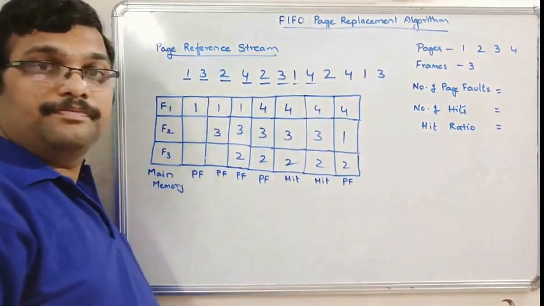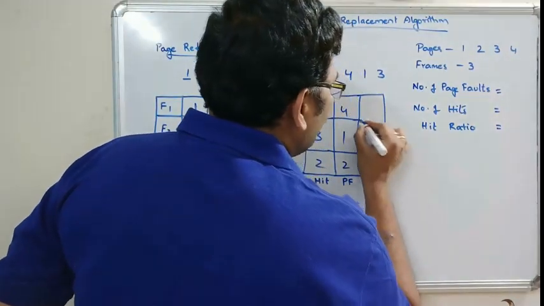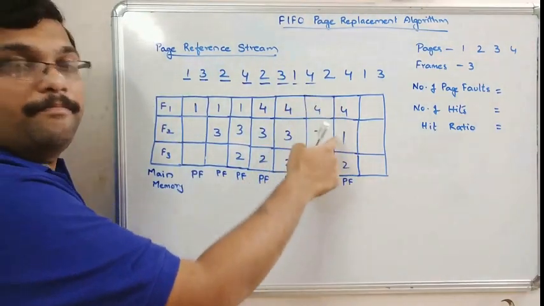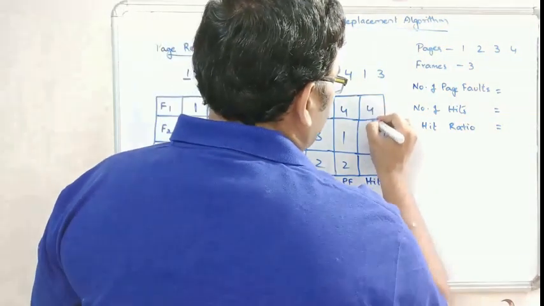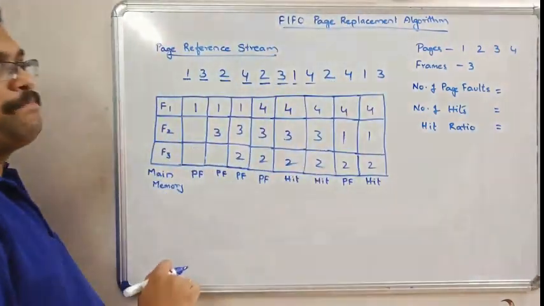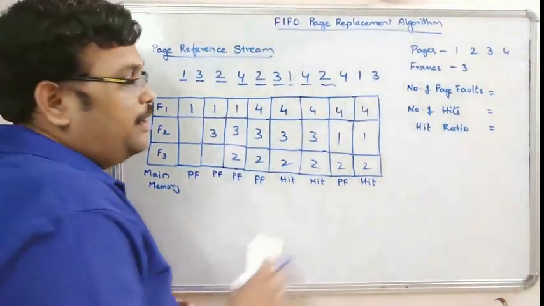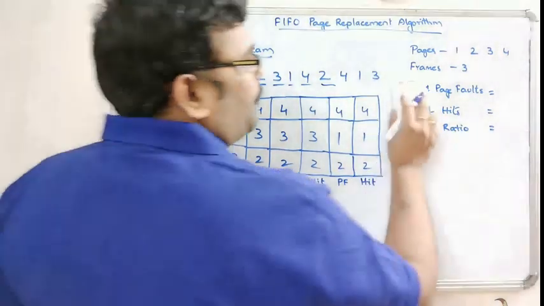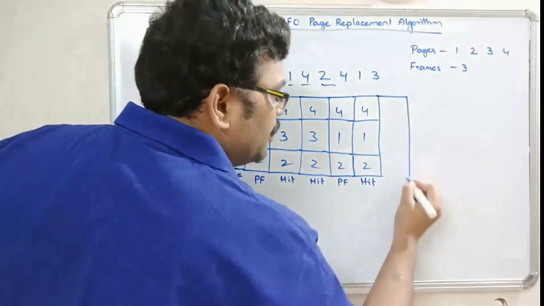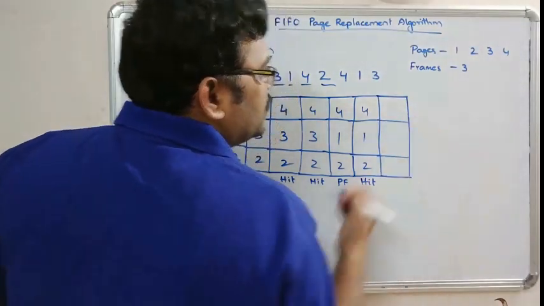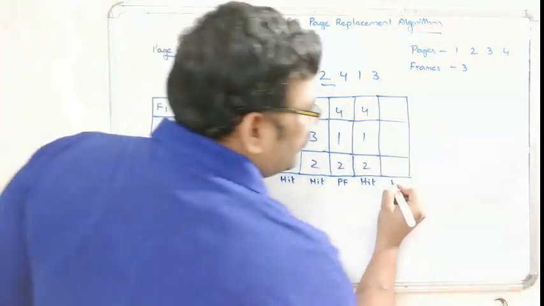Next 4. Again the same process. 4 is available in the memory, so no page fault occurs. It's called a hit. No change will be done because 4 is already in main memory. Next 2. Again 2 is already in the main memory, so again it's a hit.